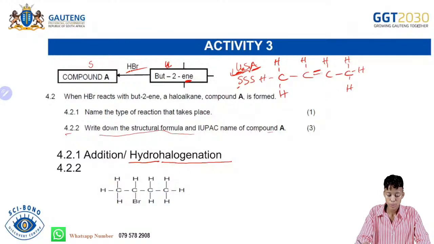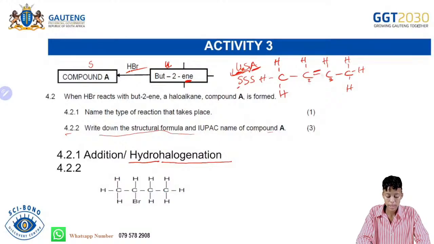So this is your but-2-ene, and what is it that you are going to be adding? You are going to be adding the HBr. So when it comes to this one, you are not going to be using Markovnikov, because in this case, carbon number 2 and carbon number 3 both have how many hydrogens? Both have one hydrogen.